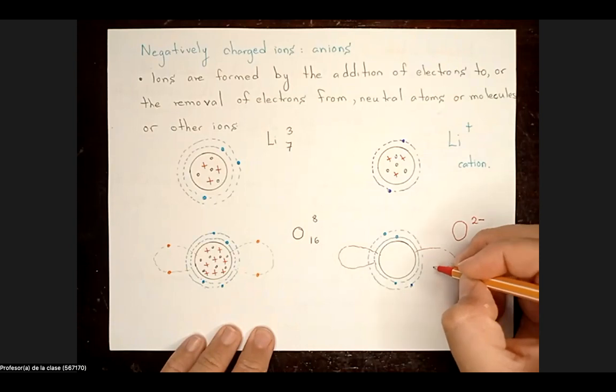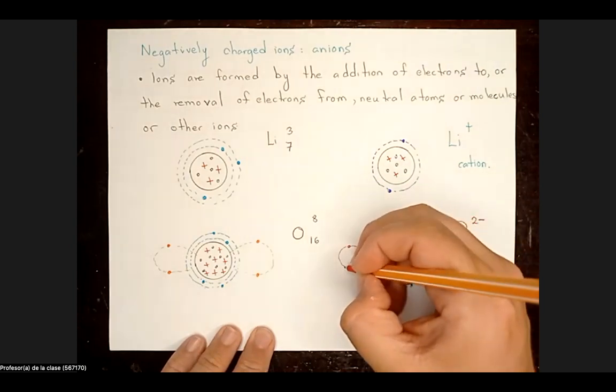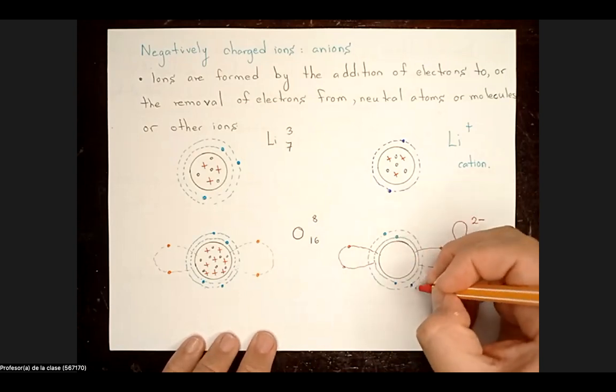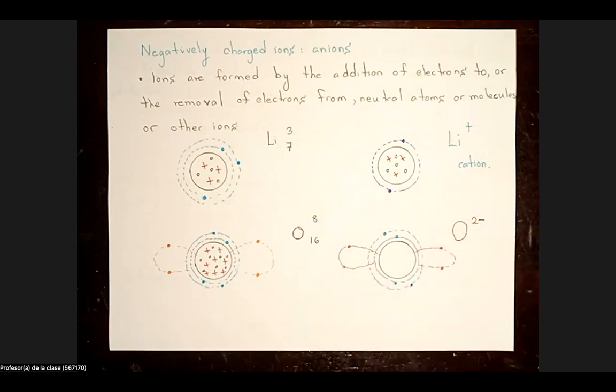One, two, one, two, three, four, five, six, seven, eight. That's a neutral atom.